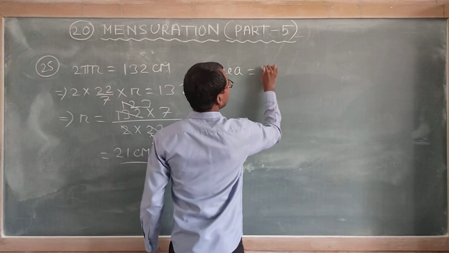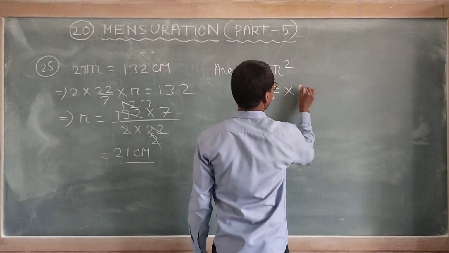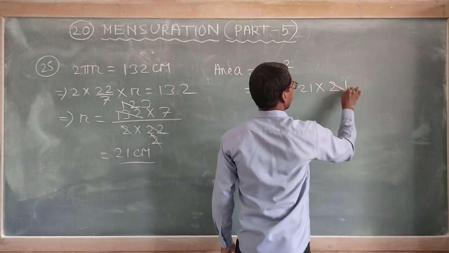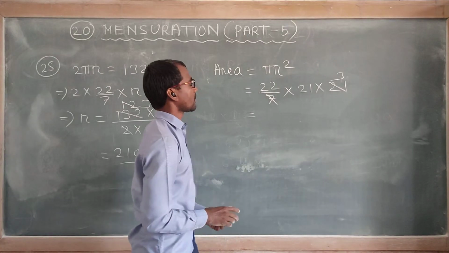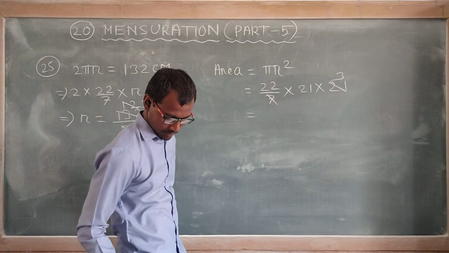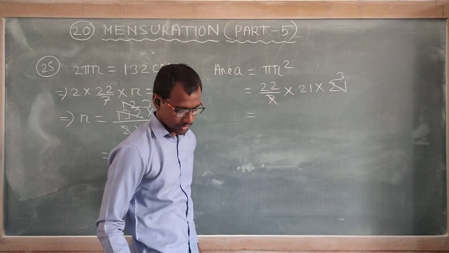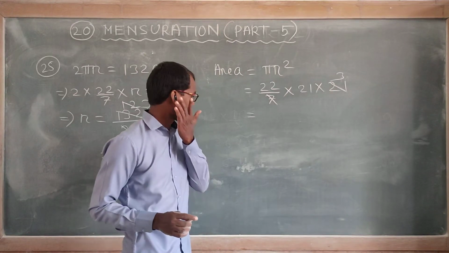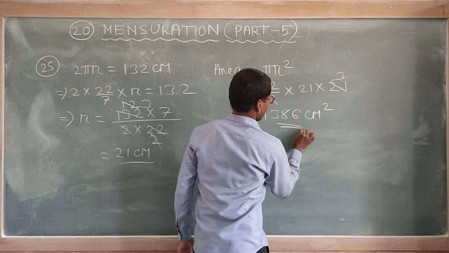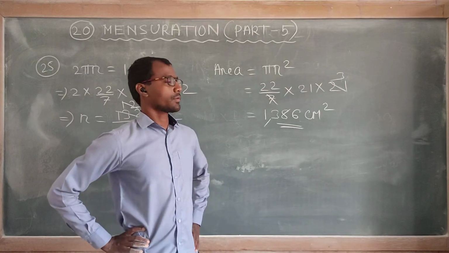Area is equal to pi r square, 22 by 7, radius is 21, so 21 into 21, 7 into 3, so this will become 66 into 21, which is 1386 square cm. So this is the area of the largest circle that can be formed using the same wire.